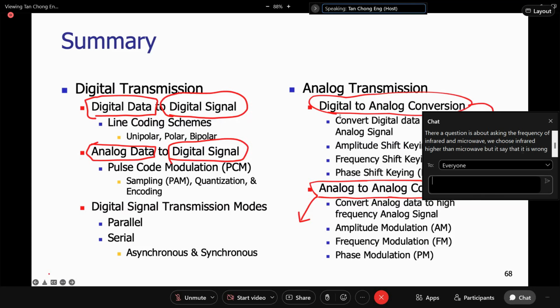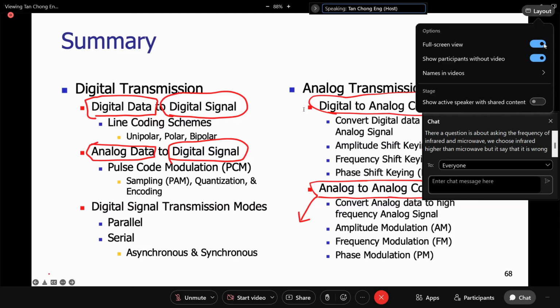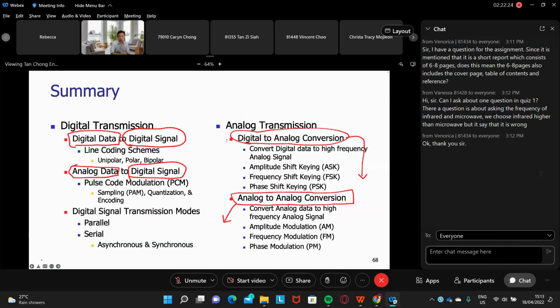Light is higher frequency, of course. I will take note on that. This is in quiz 1. Okay, thank you for noting that part.